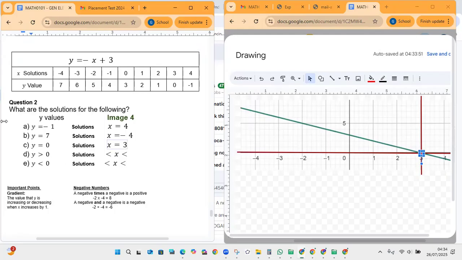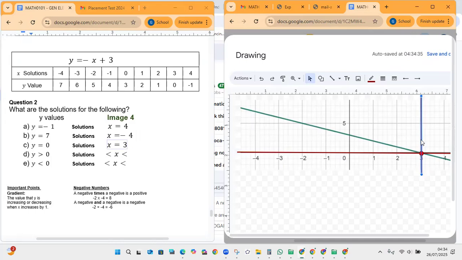What about when y is a positive number, when y is greater than 0? So where is y greater than 0? That is above the x-axis. So it appears that y is greater than 0 here in that region there. All the y values are greater than 0, positive 5, positive 4, and so forth, right up to 0. So this appears to be an interval of x solutions from -4 to 3. That is where y is greater than 0.